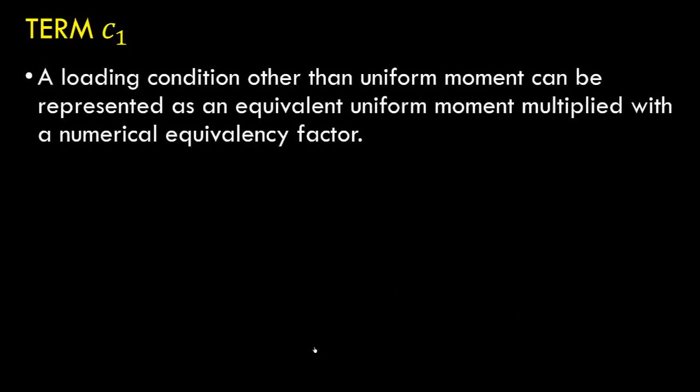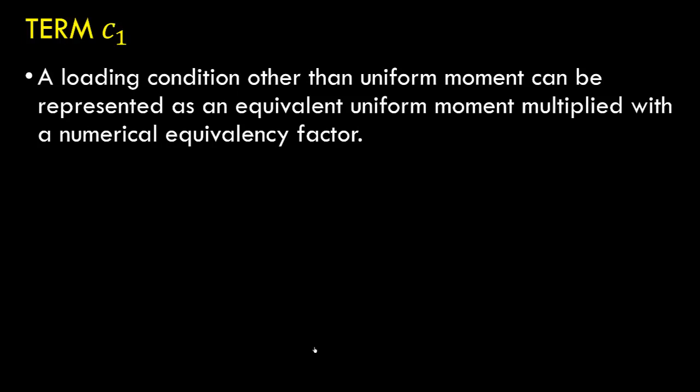The term C1 accounts for different kinds of moment distribution. My theory assumes that we have a uniform moment, but we will always have a different kind of moment. So in that case, we multiply by a constant C1 to get the equivalent uniform moment. This says a loading condition other than uniform moment can be represented as an equivalent uniform moment multiplied by a numerical equivalency factor.